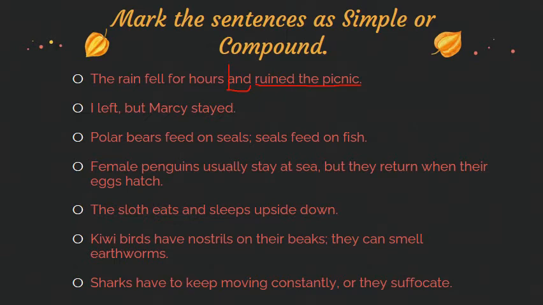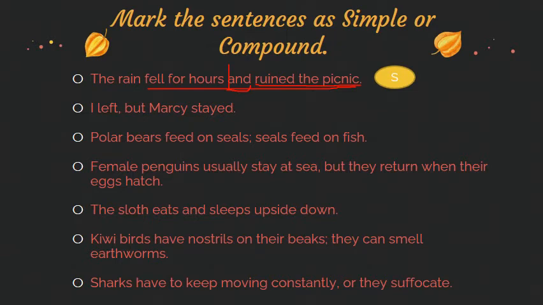Who ruined the picnic? Then it's not an independent clause. So here I notice that I do not have two independent clauses. I have one independent clause, but here the conjunction "and" joins the predicate. Here I have a compound predicate. I don't have a compound sentence. So the rain fell for hours and ruined the picnic is a simple sentence because I have one independent clause.